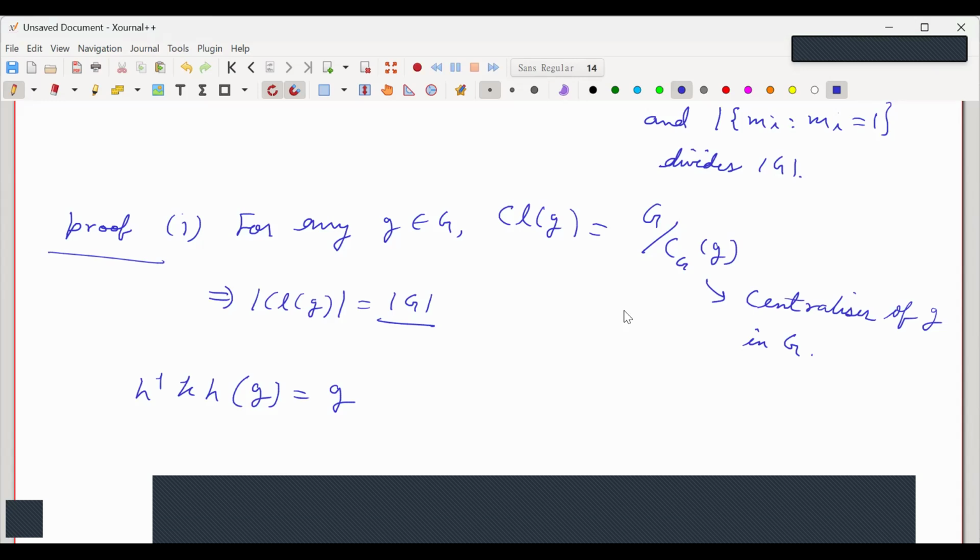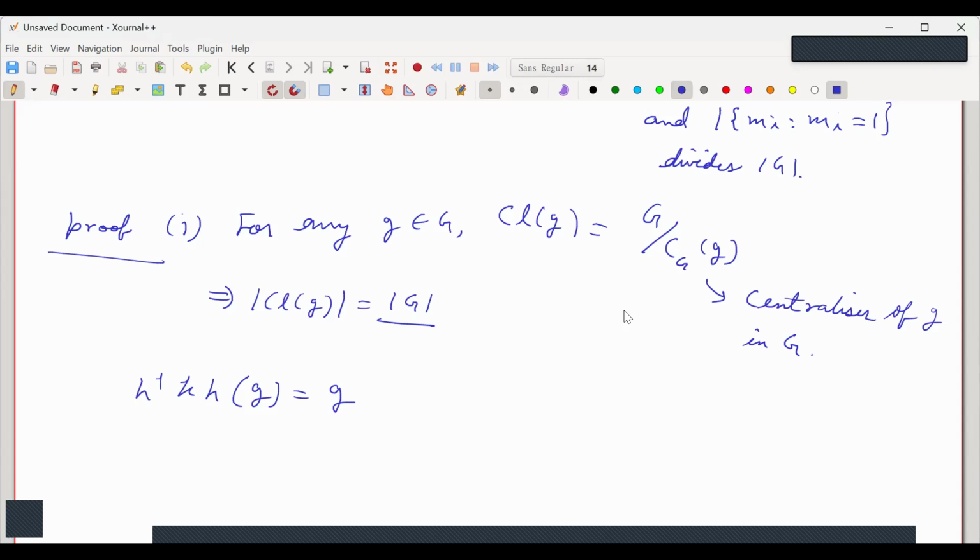So, sir, for the centralizer, you want to say that the centralizer is always normal, is it? Yes, sir. I'm just asking for the proof.